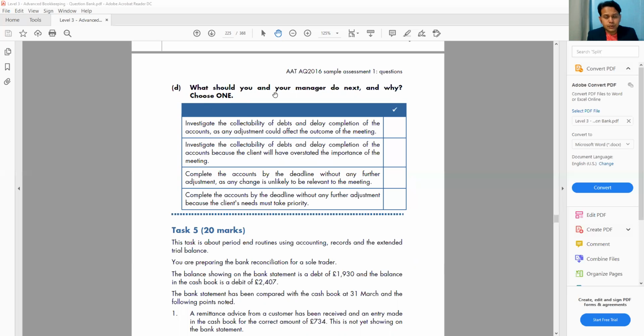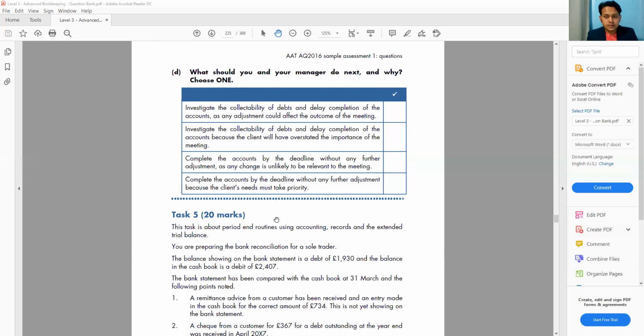What should you and your manager do next, and why? For the answer here, we have four options. We have to pick one. The first one says investigate the collectibility of the debt and delay completion of the accounts, as any adjustment could affect the outcome of the meeting. So the first one is saying investigate the collectibility of the debt.